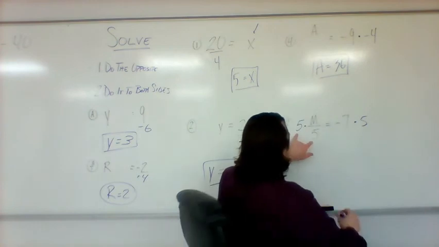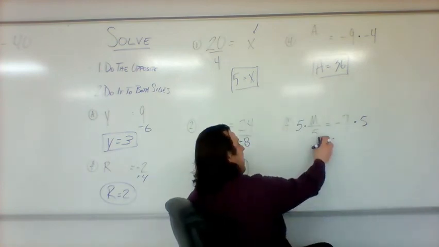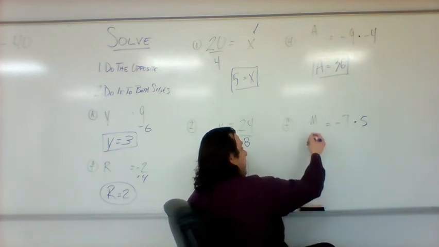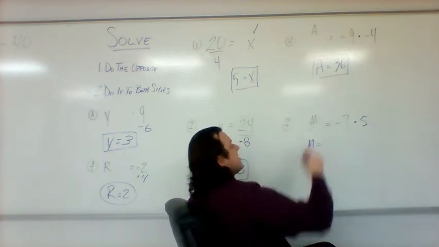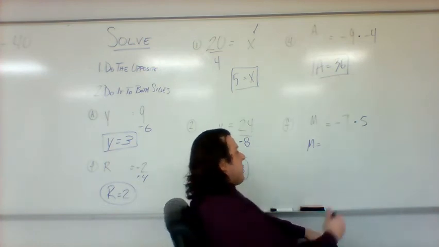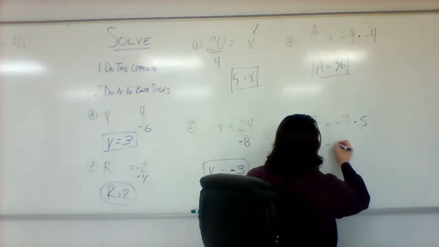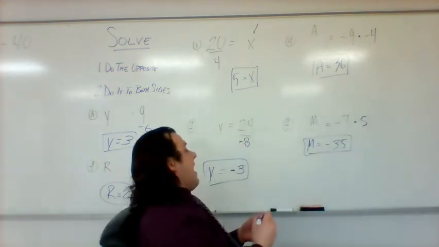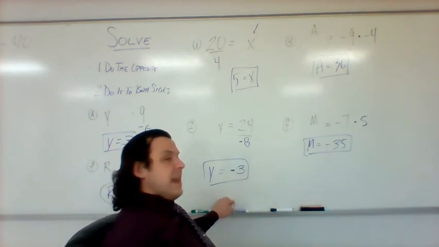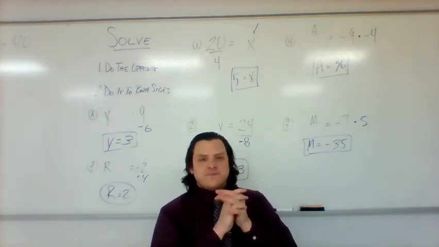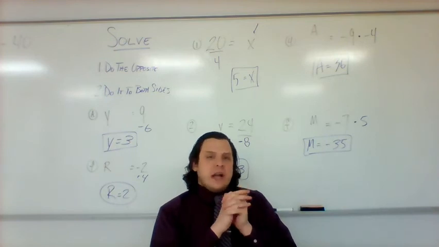The two opposites will cancel. 5 and divided by 5, those cancel, and I'm left with m. M is equal to -7 times 5. -7 times 5 is a negative. There's one negative, -35. So my answer for F is m equals -35.